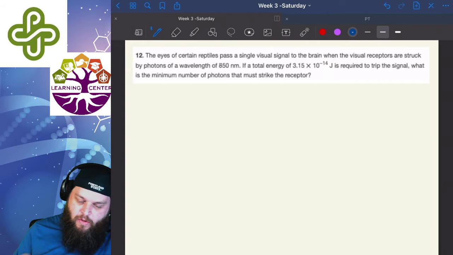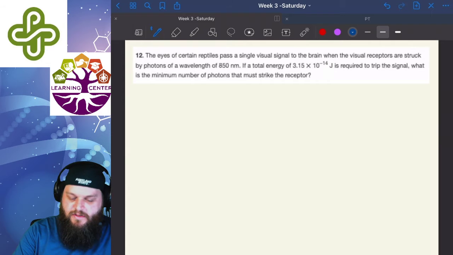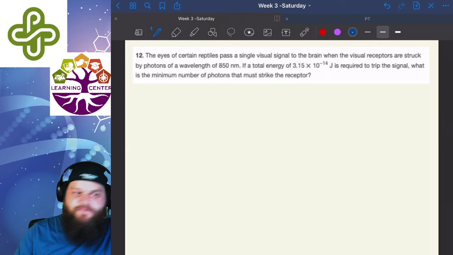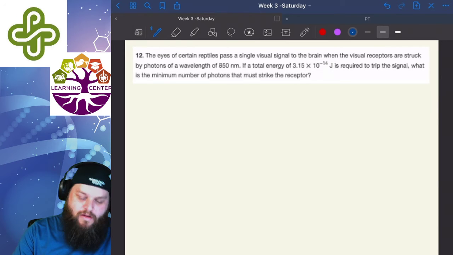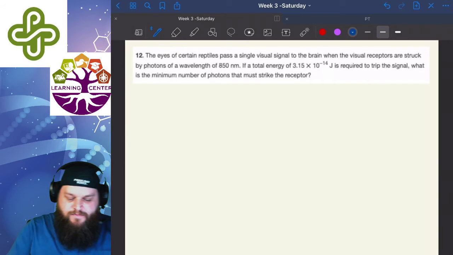So if a total energy of 3.15 times 10 to the -14 joules is required to trip the signal, so that's our threshold signal, we need that much energy to make that signal trip in their head. What is the minimum number of photons?